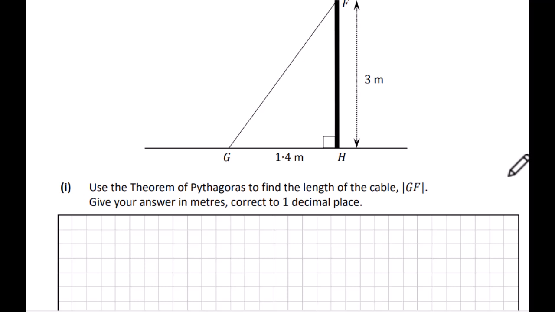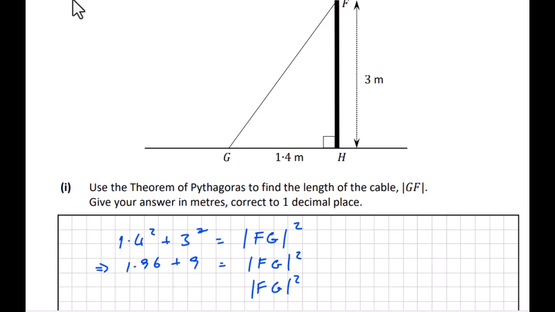So we've got to use Pythagoras' theorem. So that's just going to be 1.4 squared plus 3 squared equals the length FG, which we've got to square. So 1.4 squared is 1.96, 3 squared is 9, and that's equal to FG squared.